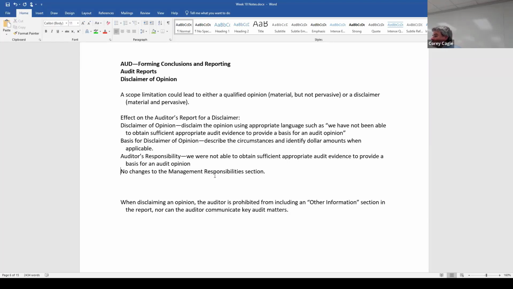So the auditor's responsibility simply says, our responsibility is to conduct an audit of the financial statements in accordance with GAAS and issue a report. And then it says, however, because of the matters described in the basis for disclaimer of opinion section of our report, we were not able to obtain sufficient appropriate audit evidence to provide a basis for the audit opinion.